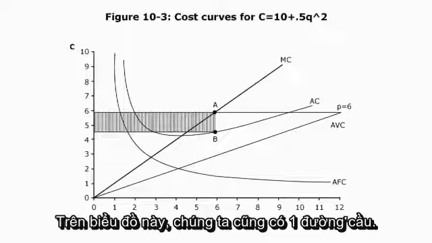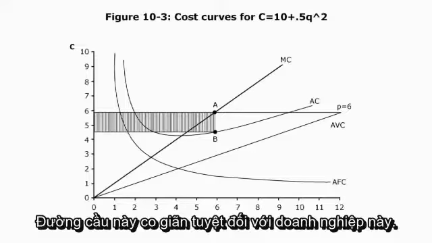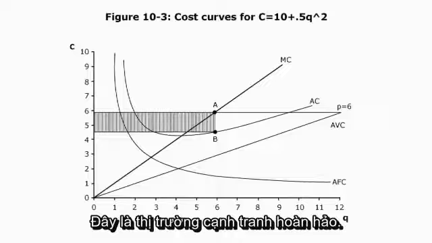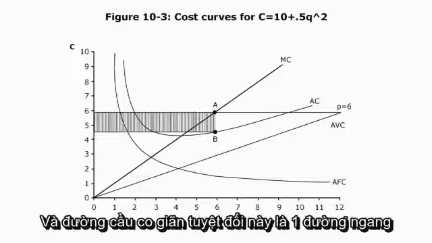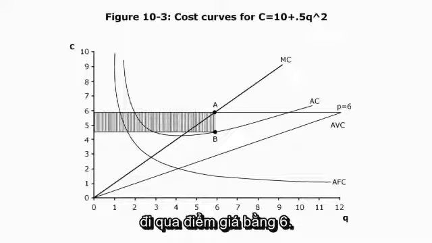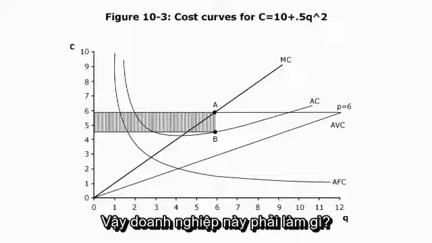Now, we also on this diagram have a demand curve. The demand curve is perfectly elastic facing this firm. It's a perfectly competitive market. And that perfectly elastic demand curve is horizontal at price equals 6. Okay? So what does the firm do?